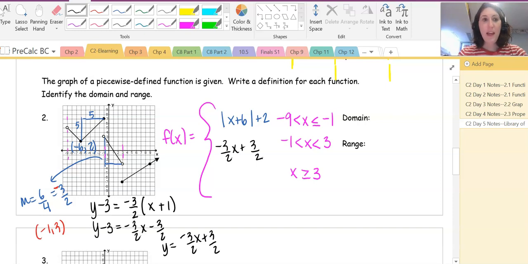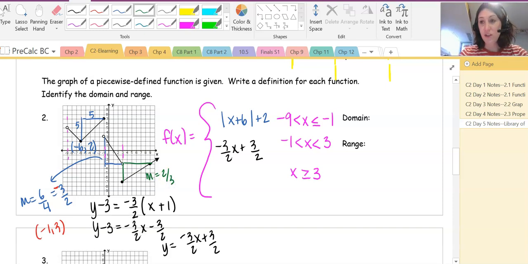Okay. And then the last one, what you can do here, it's definitely linear again, is I would find your slope first. So that was what, up 4? 1, 2, 3, 4, 5, 6, up 4 over 6. So that's a slope of 2/3.